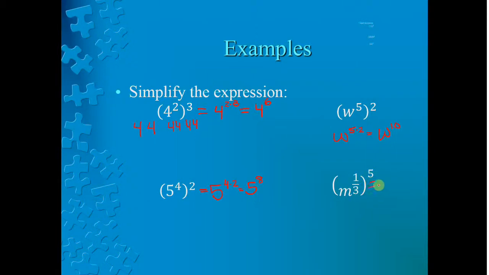That is m to the 1/3 times 5 over 1. Multiply across. 1 times 5 is 5. 3 times 1 is 3. So m to the 5/3. Don't be afraid when you see a fraction. You can use your calculator to fix those and make those work better for you.